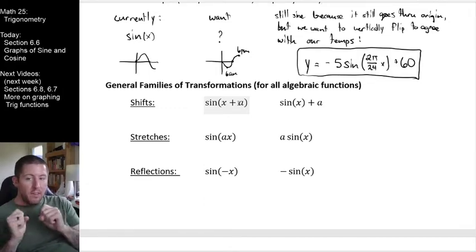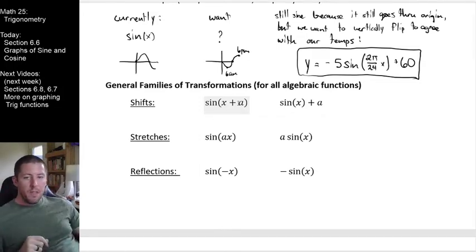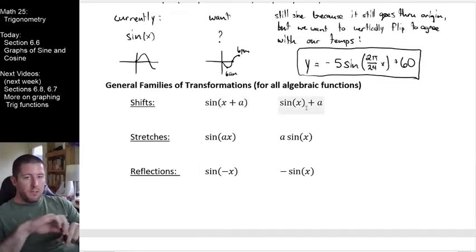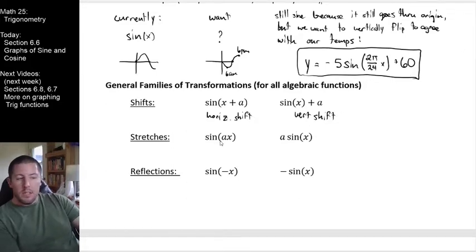This one that I have highlighted right now is the one that we haven't talked about today. It's going to be in the next video. This is our vertical shift right here. So I could say this is our horizontal shift. This is our vertical shift. We did this one. That's our plus 60 right there. Some stretches.